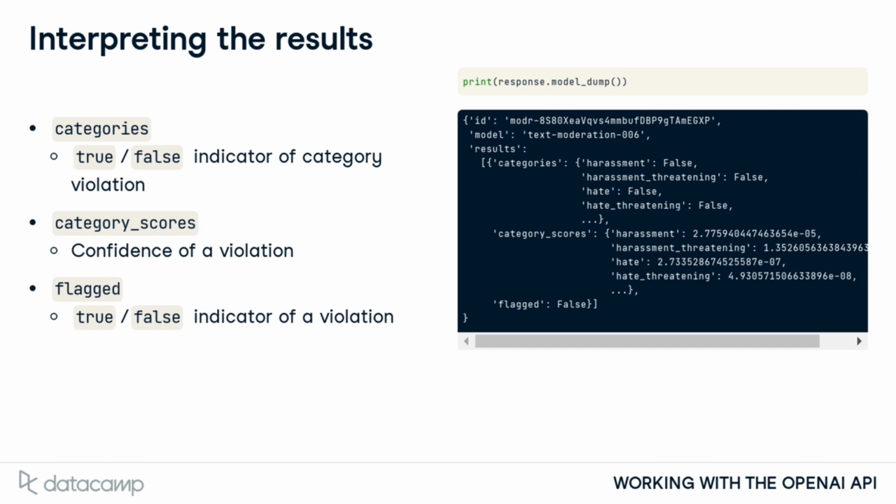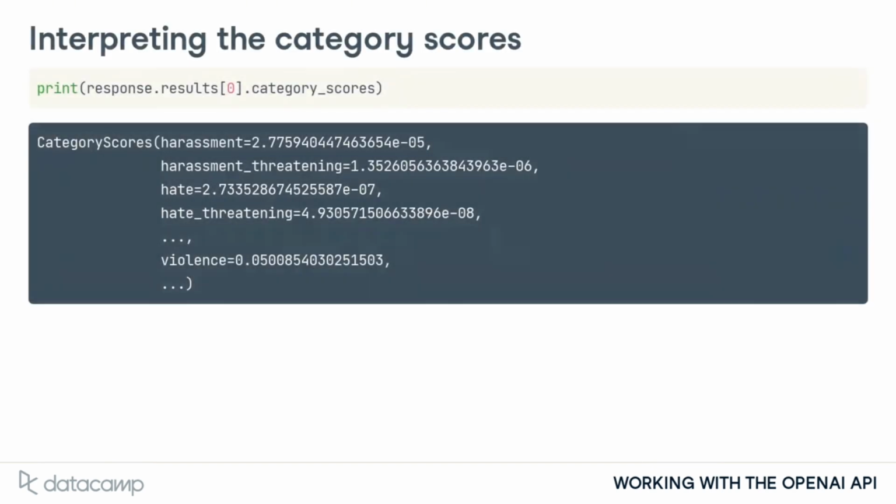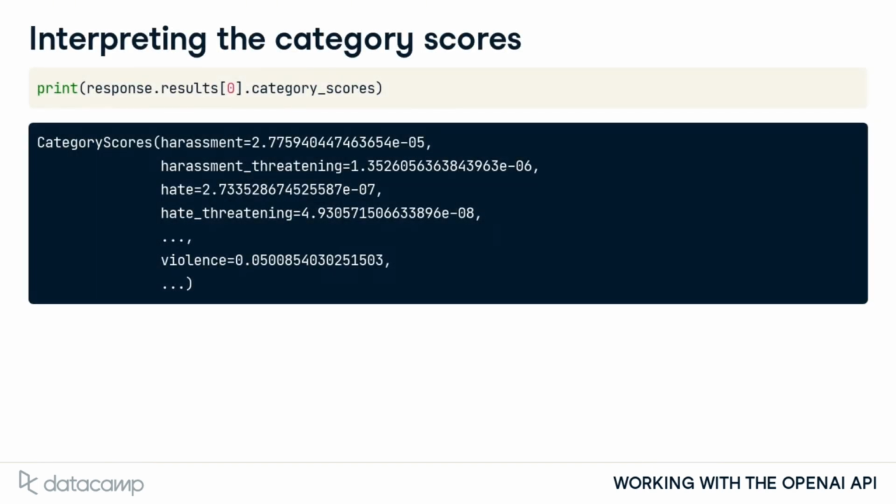Let's extract the category scores from the response for a closer look. The category scores are float values for each category, indicating the model's confidence of a violation. They can be extracted from the results attribute, and through that, the category scores attribute.